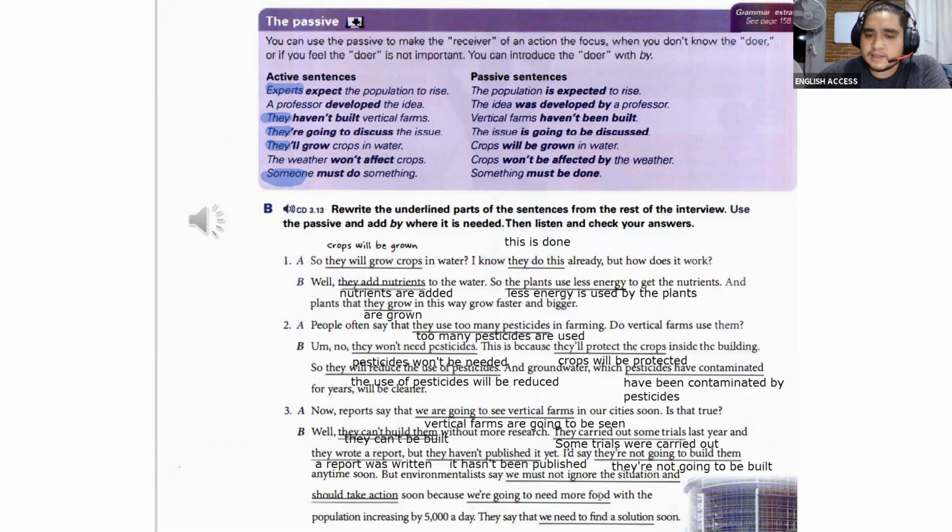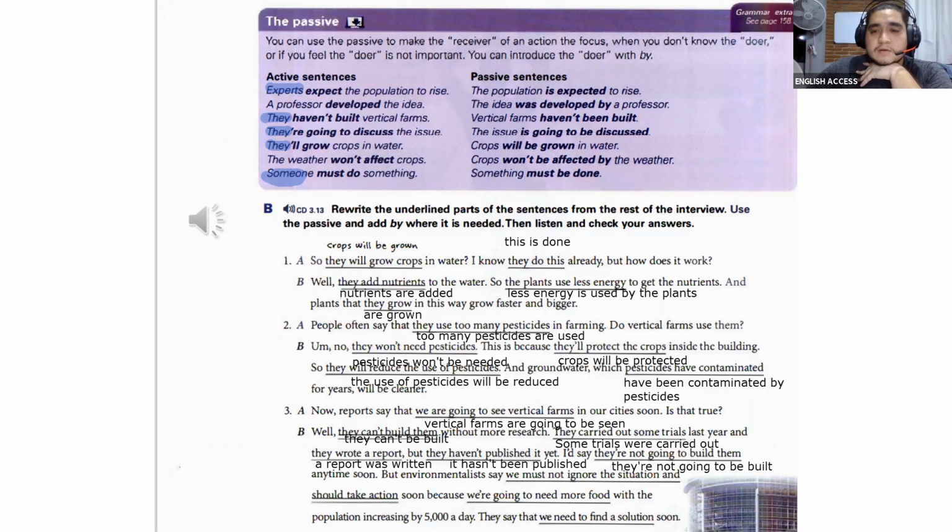We must not ignore the situation and should take action. How would that be?